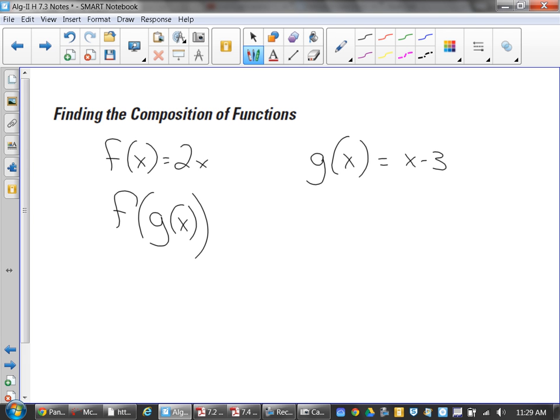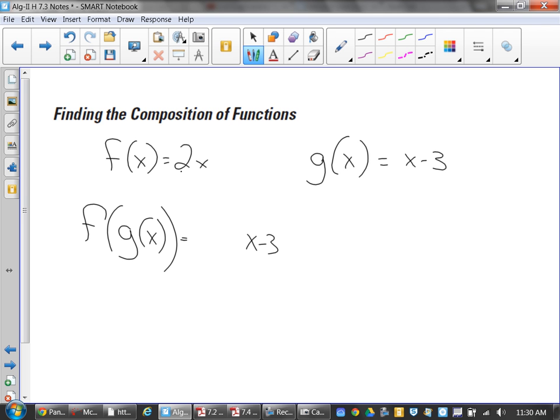It's not that bad. Because what are you doing? You're just substituting. It's all you're doing. What this says is, what is f of g of x. So you're taking the g of x equation, and then substituting it in to here. It just looks weird. It just looks weird.